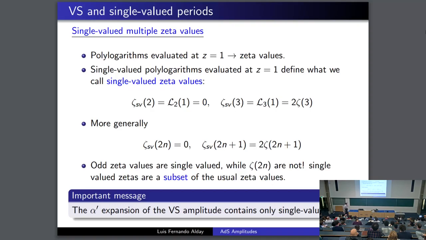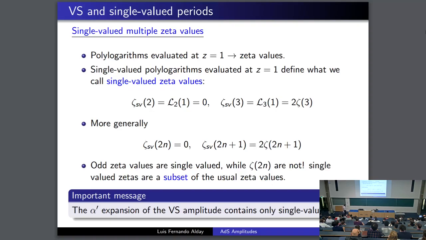And in general, what happens is that single-valued zetas are a subset of the usual zetas. Okay? So we have all the zeta values. The odd ones are good, single valued. The even ones are not.